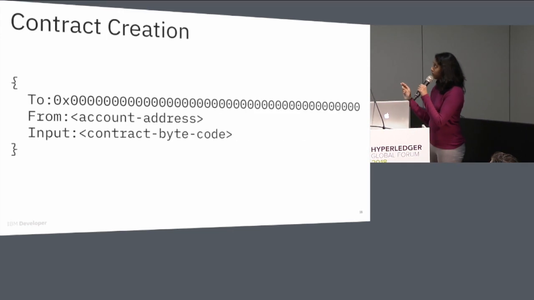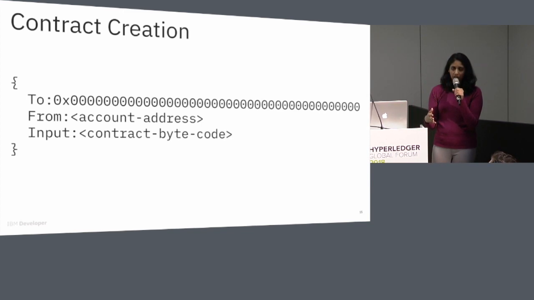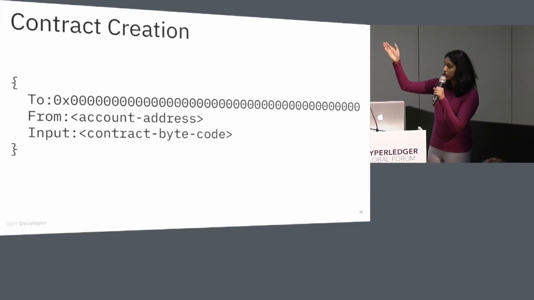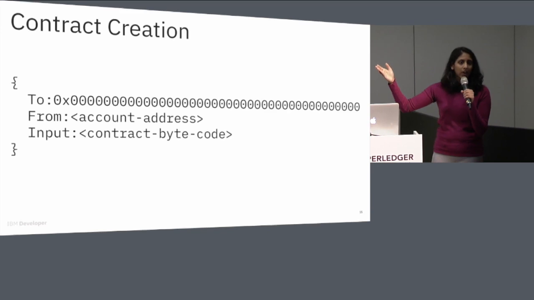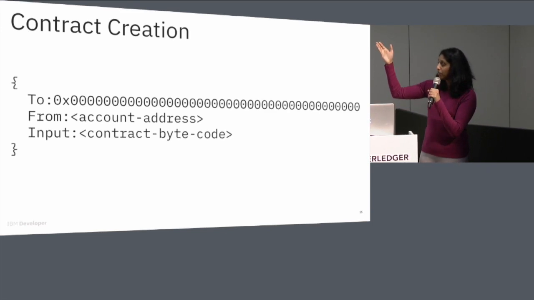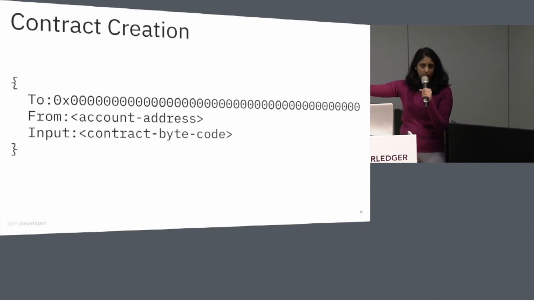There's a special kind of transaction, though. It's called a contract creation. This is how you create a contract account. You have to send the transaction to the 0 address because there is no account there. And when the EVM sees that, it's going to take the contract bytecode, which is what you put in as your input.